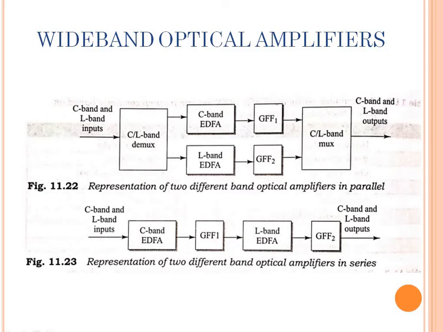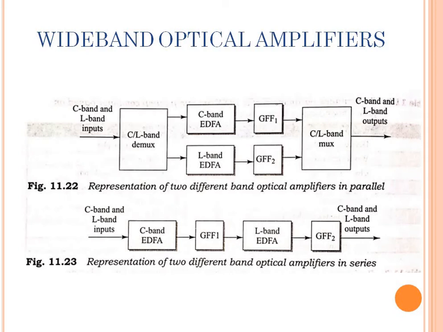For example, a combination of two amplifier types can provide effective amplification in both C and L bands or in the S and C bands.